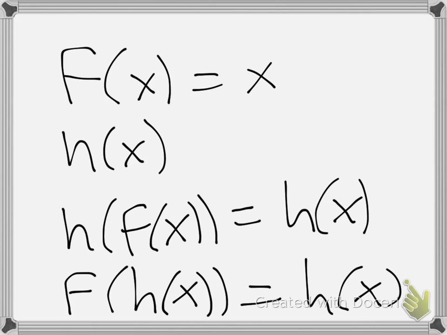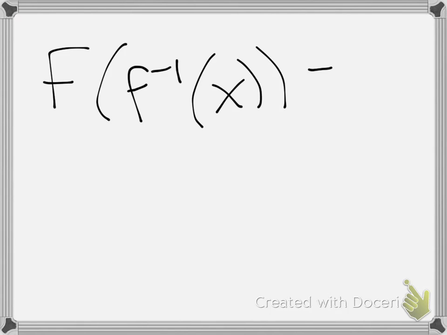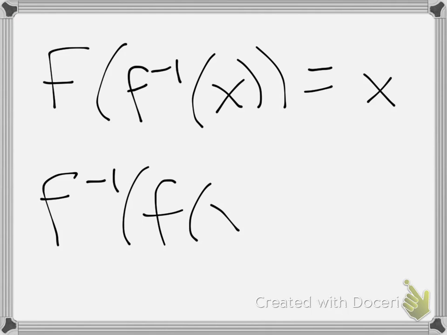So if that's the identity, what inverses do is when you compose them like this, they compose to x, which basically means that they undo each other, right? So if you compose them, it's like nothing had happened at all. And it's going to happen both ways.